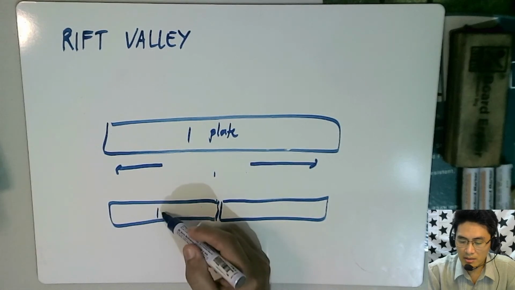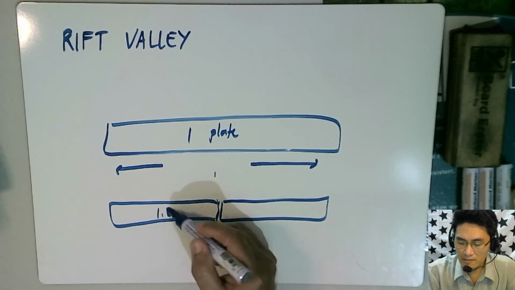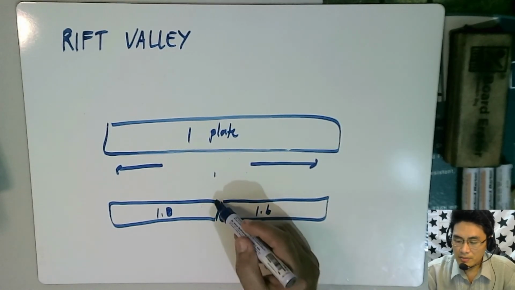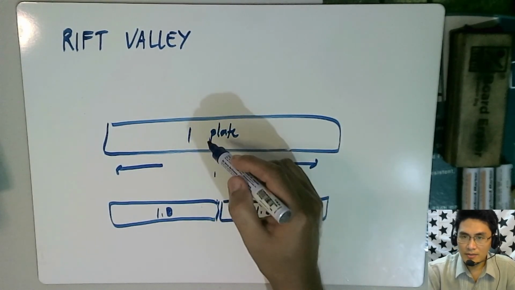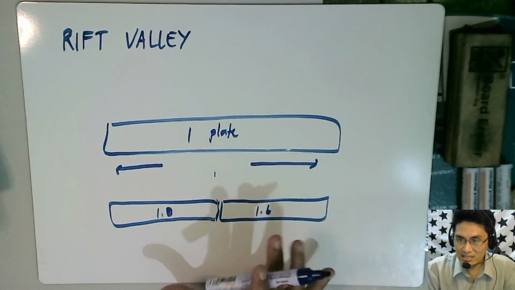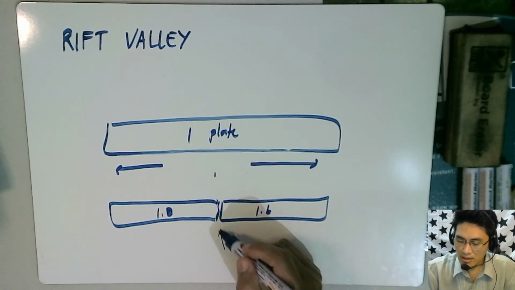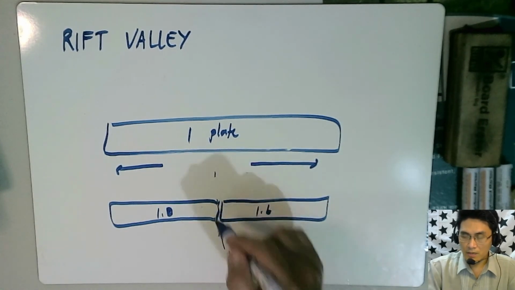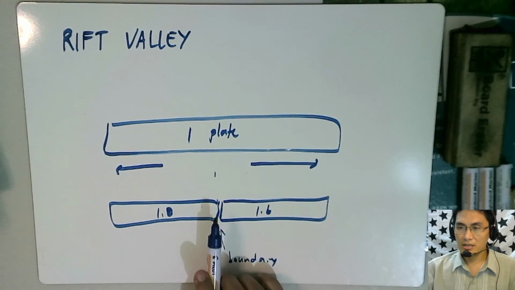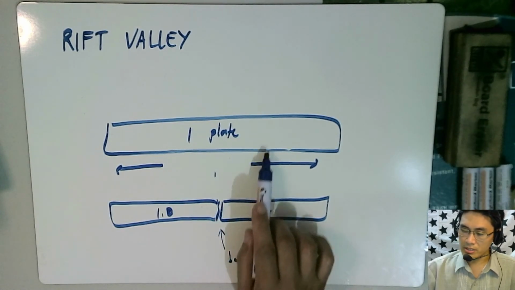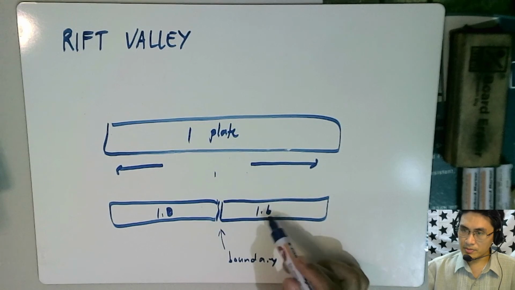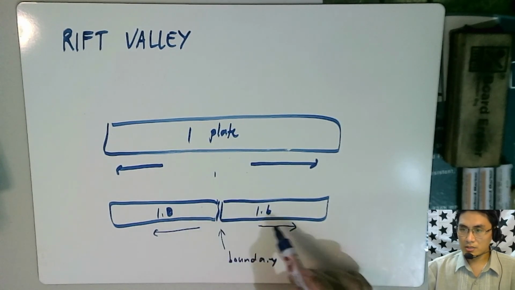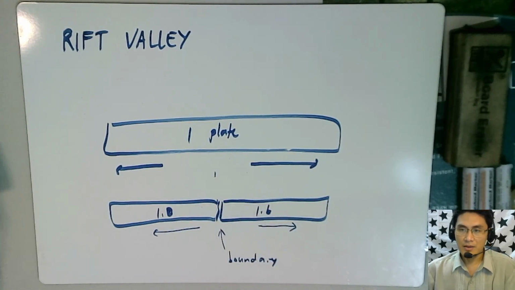Call it plate 1.A and call this plate 1.B. So this is interesting because it means that you have one plate and then it breaks into two plates and then you develop a boundary at the center via that crack, and that boundary is obviously a divergent boundary because these two subplates move in opposite directions, right?